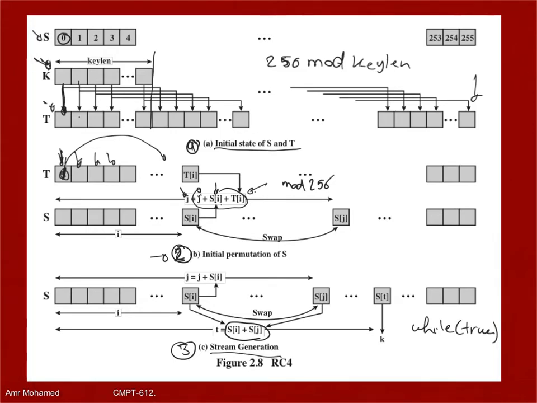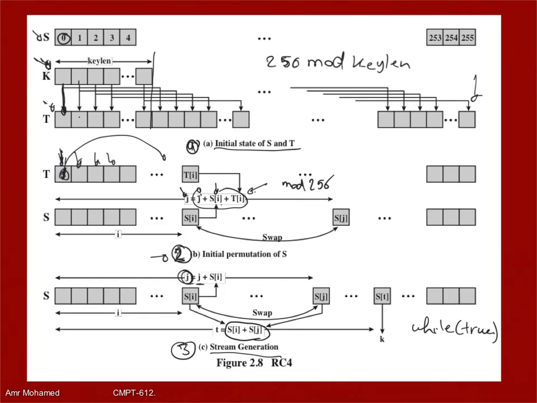This is the main difference. Here we go, j equals j plus Si, and again we swap. But we keep always doing this. And the value that you take is the random byte that you will XOR with the incoming value from the plain text. And you will keep doing this.